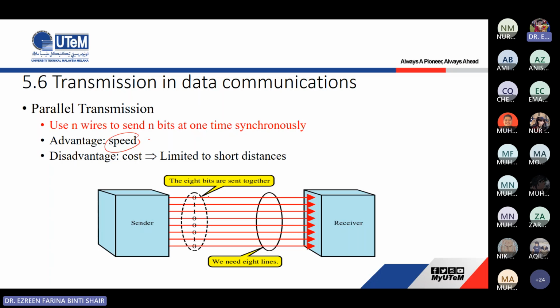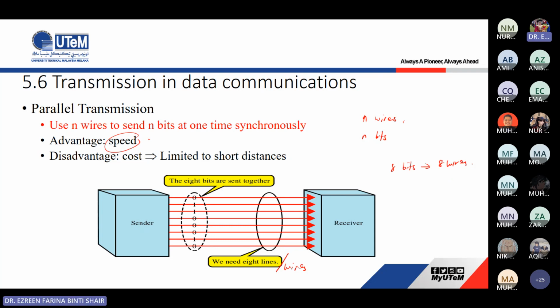But since you can send multiple bits at a time, you will need more lines. The number of wires depends on the number of bits. If you want to send 8 bits, then you need to have 8 wires.